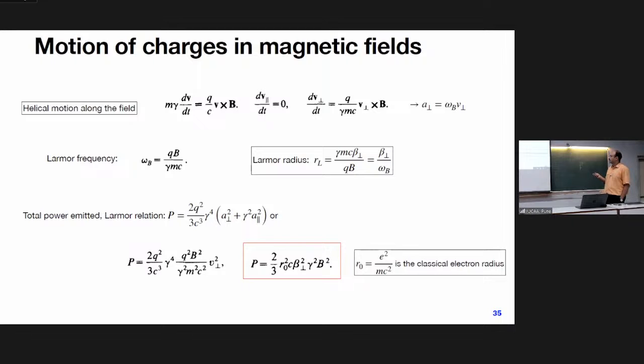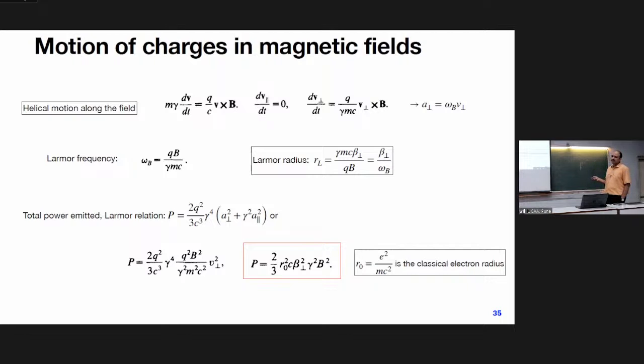Okay. So this is the relativistic equation of motion of charges. The gamma is taken out, so initially you should have m times d gamma v by dt equals q v cross B. The gamma is taken out because I'm ignoring radiation for now, and the energy of the charge does not change by gyrating along the magnetic field. So if you work out the standard expressions, you will have a Larmor frequency, the frequency of gyration.